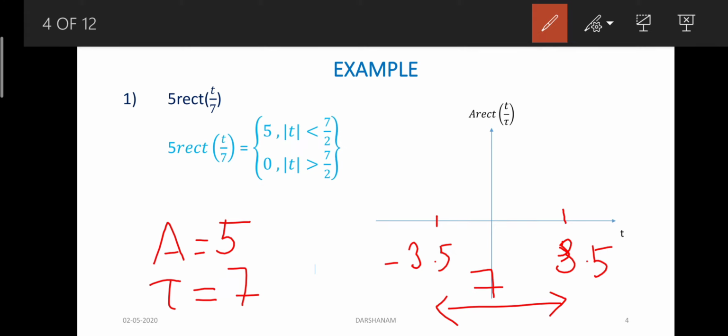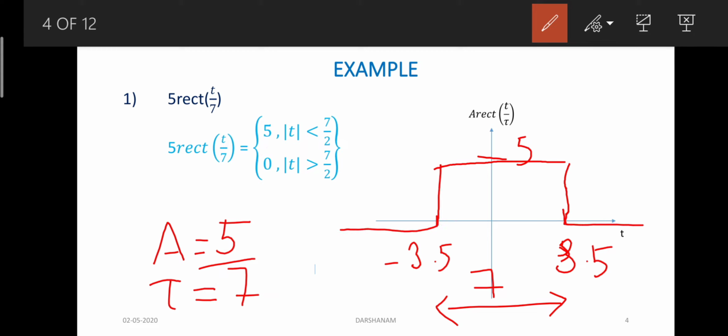The magnitude of the rectangle, here A, is equal to 5. So between these two values, the magnitude of the rectangular function will be 5. Between minus 3.5 and 3.5, the value is 5, and outside this limit the value will be 0.